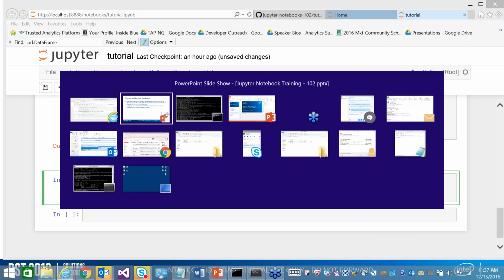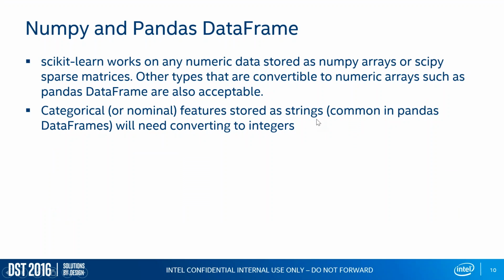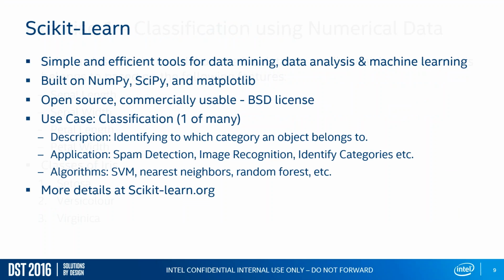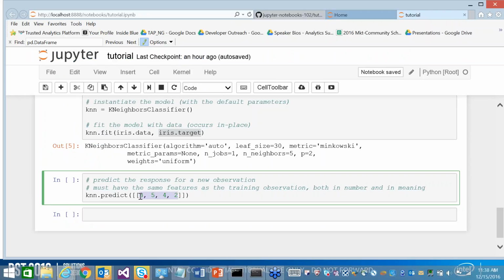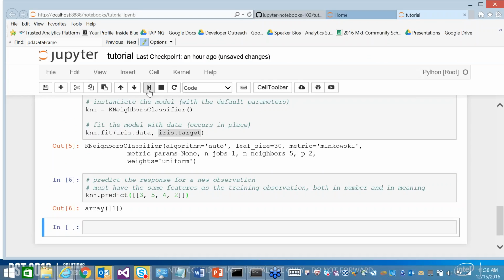So if you go back to, oops, hold on here, go back to our values. They have to be in the order that the data was previously loaded: the sepal length, the sepal width, the petal length, the petal width. So that's what we got here. Sepal length, sepal width, petal length, petal width. Now we go ahead and run that.